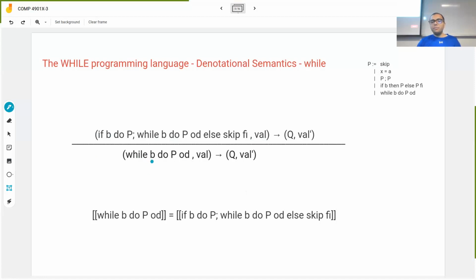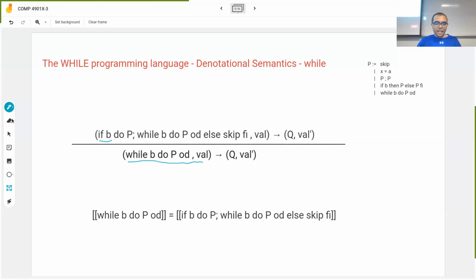I check whether B holds or not. So I can rewrite my while, and I can say if B holds, then do one iteration of P, and then do while again. Otherwise, skip, don't do anything. This was a rule that we saw in the first day of this course. And I also told you that this while definitely goes inside this if, and if it's outside, it doesn't work.